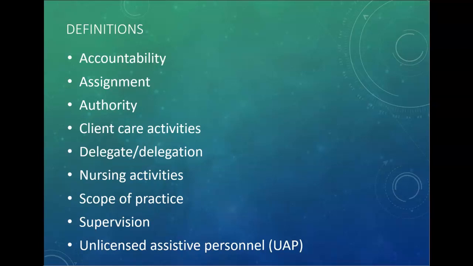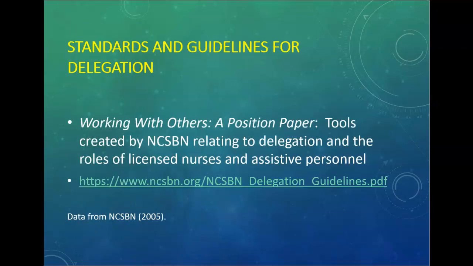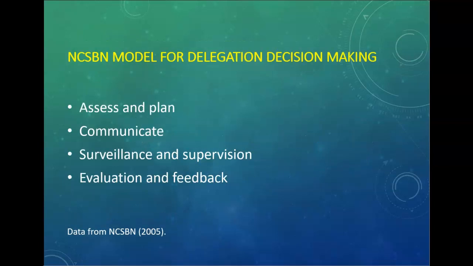And in terms of definitions of supervision, just because we delegate, we have to supervise the task as well. In 2005, the National Council of State Boards of Nursing came out with roles of licensed nurses and assistive personnel in delegation guidelines, and over time different entities have added to this.